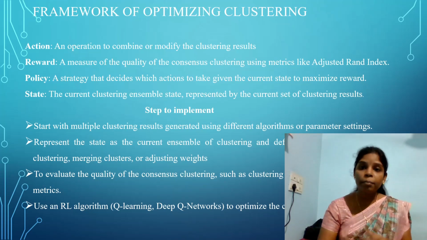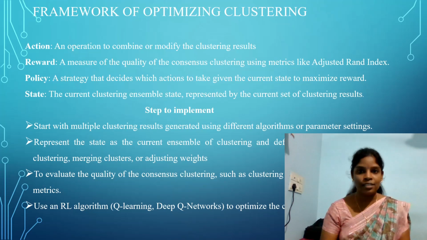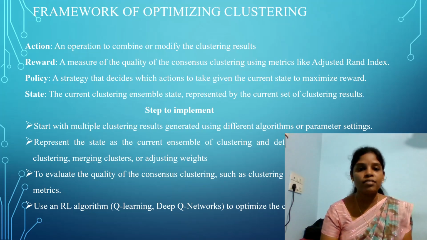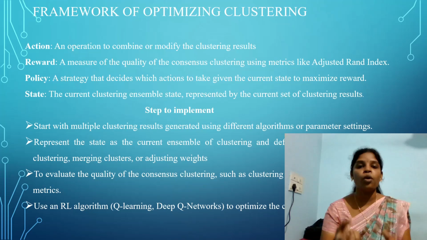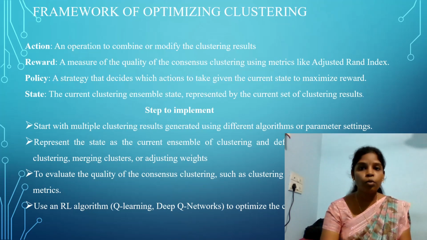How to optimize multiple clustering methods into a single one: take an action in the current state, and the action and state are represented as the clustering results. To find the best clustering results, you have to maximize the rewards and policy in the domain of modifying the clustering results.